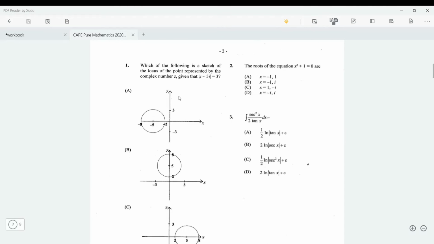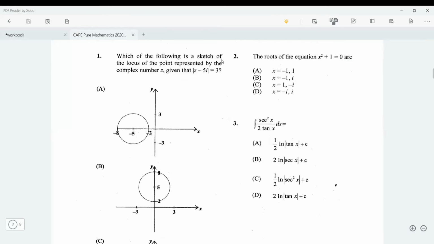Question 1, it says, which of the following is a sketch of the locus of the points represented by the complex number, the modulus of z minus 5i equal to 3? Anytime you have this, all you need to do is remember you have to put it in this form, z minus in bracket.